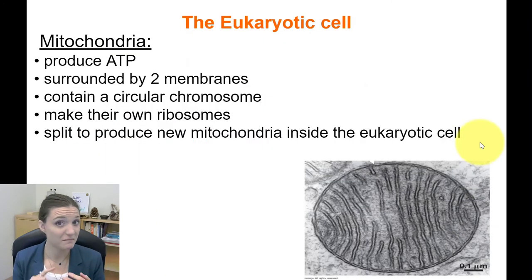So again, mitochondria make ATP, that energy currency of the cell. They're surrounded by two membranes. Big deal. They contain a circular chromosome. Does that sound kind of familiar? And they make their own ribosomes. And those ribosomes in mitochondria are different than the ribosomes that we find in the cytoplasm of the cell.